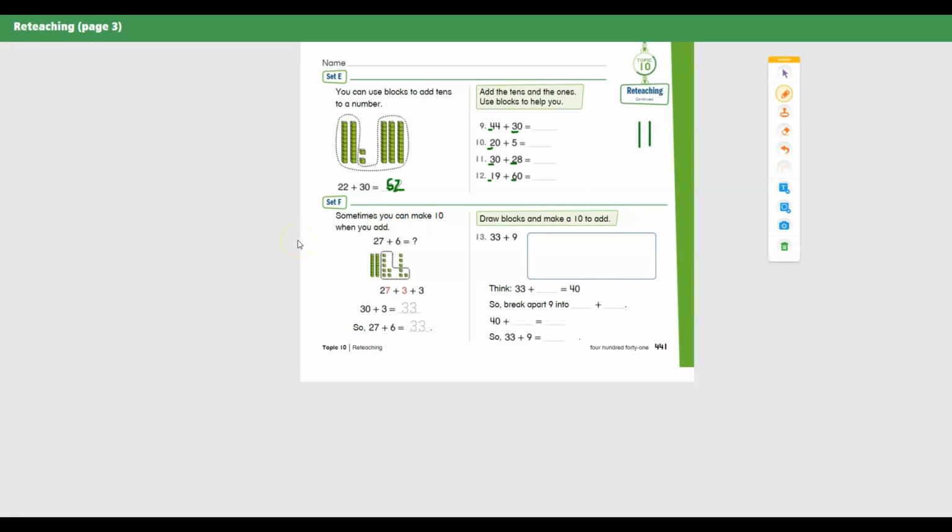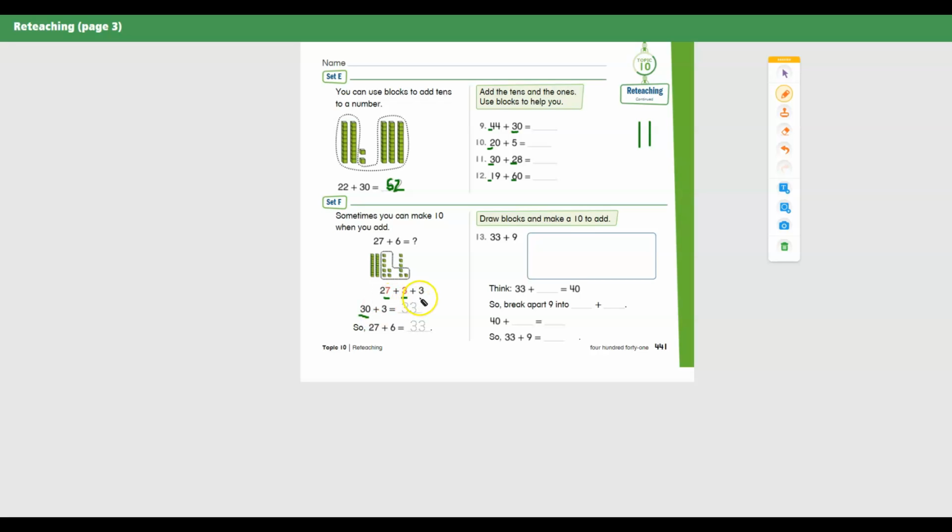For set F, it says sometimes you can make 10 when you add. In our example, they were adding together 27 plus 6. When you draw the model for 27 and draw the model for 6, you are able to make 10 out of the ones. You can take the 7 from 27 and borrow 3 from 6 to make 30.